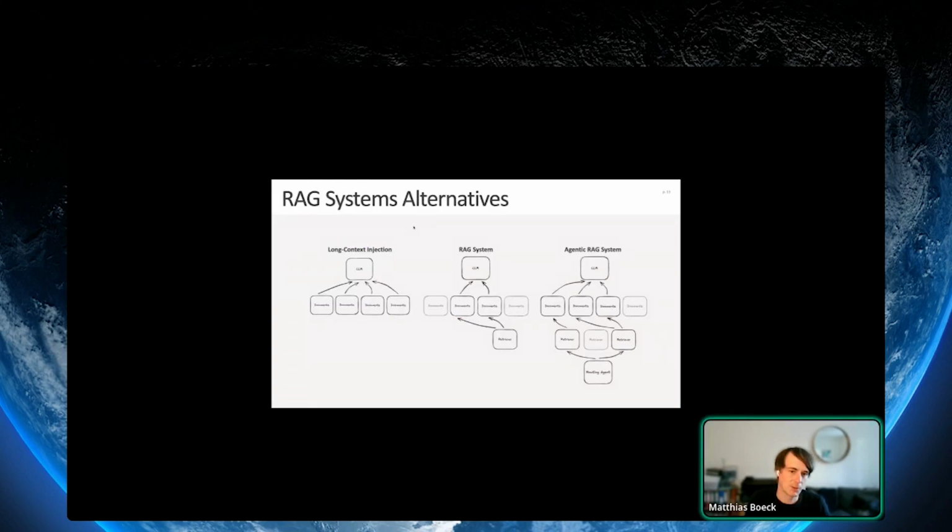Of course, there are different alternatives. So the RAG system itself in the middle, to which we will come also on the next slides. You could theoretically, by growing capabilities, context length of the offerings from the chatbots, just put these documents in like a long context injection.